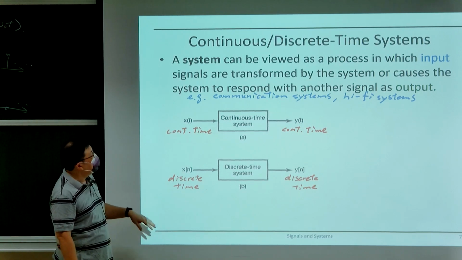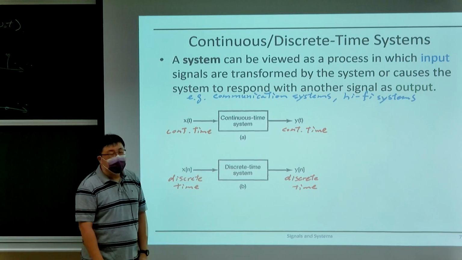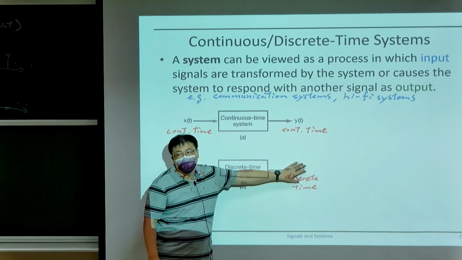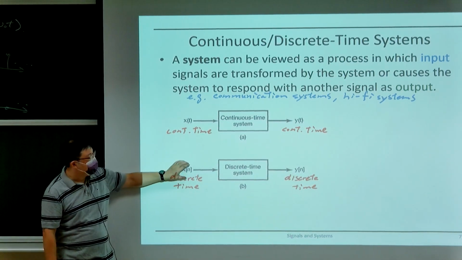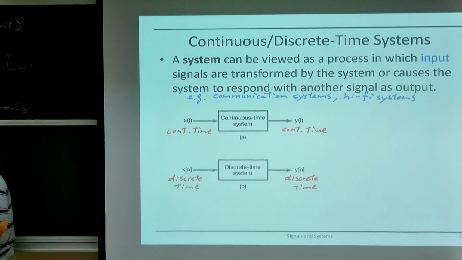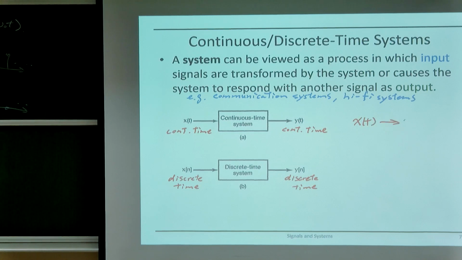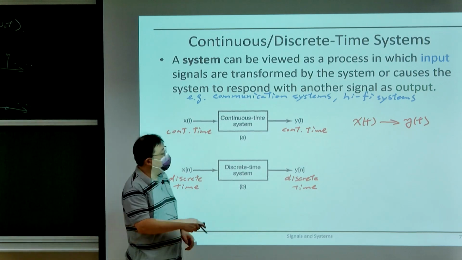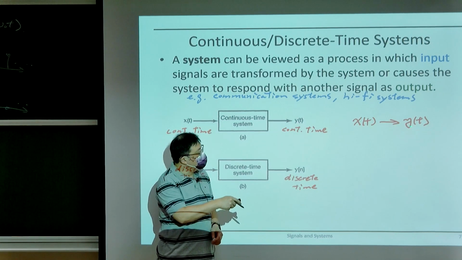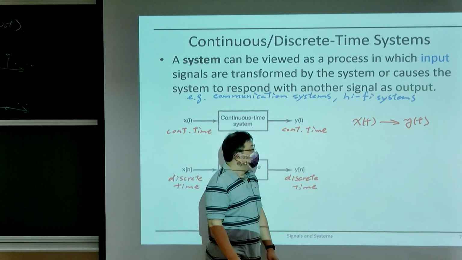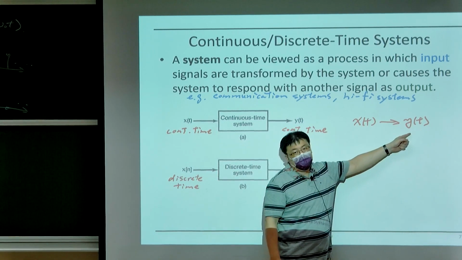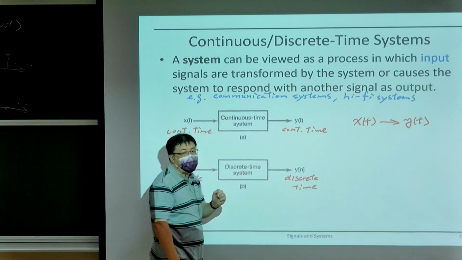So systems are processes that generate output signals in response to input signals. We often denote the input and output of a system with an expression like this. We write the input with an arrow to an output signal to denote the fact that y of t is a response of the system to the input x of t.